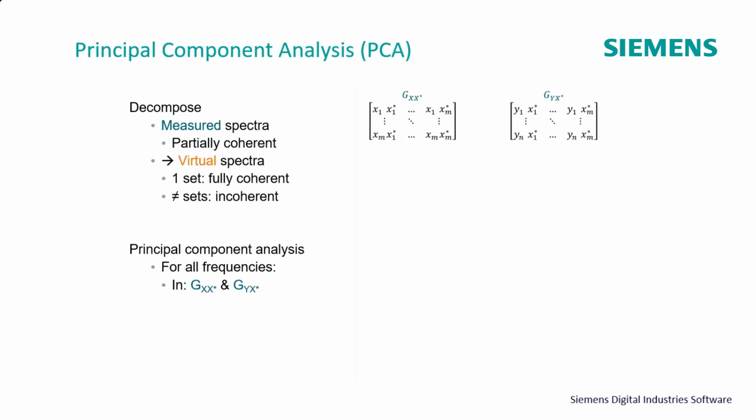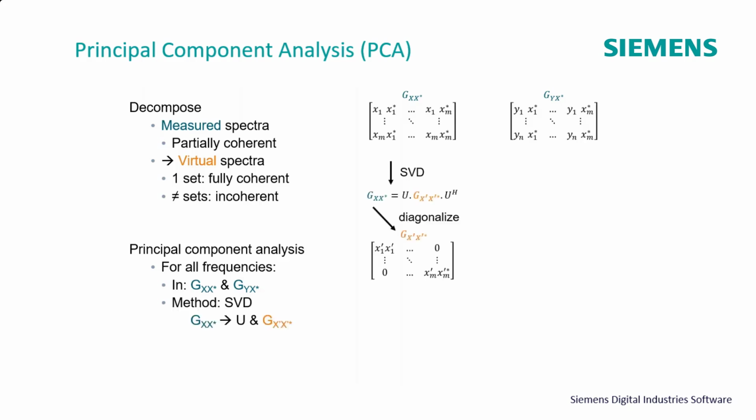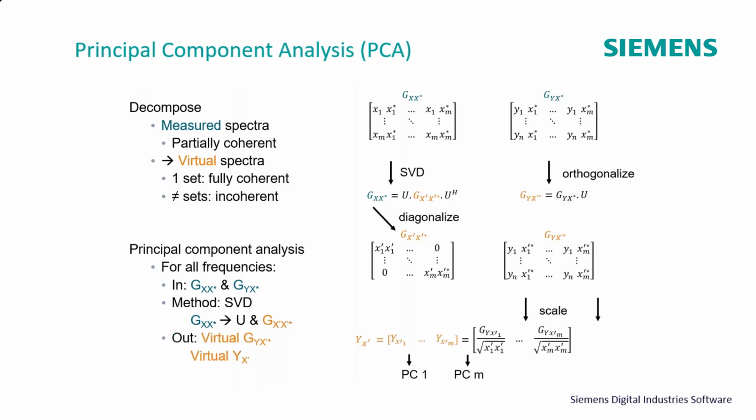And then we'll get a new set of reference autopowers and virtual spectrum. So we're going to go through the singular value step, and then we're going to get some virtual references to diagonalize the matrix. And now we're going to have the virtual autopower matrix with the off-diagonal terms set to 0. So those are the different steps.